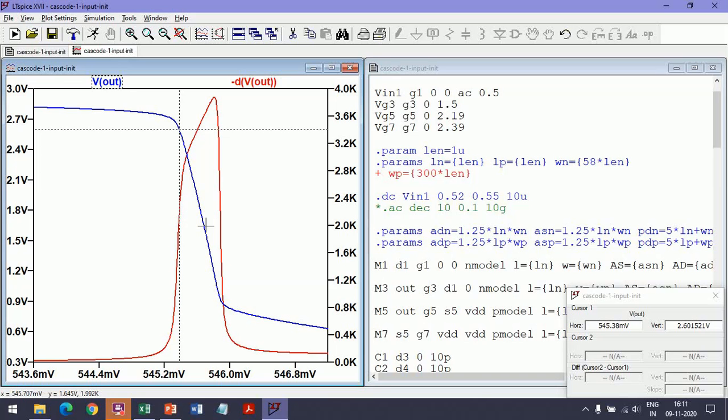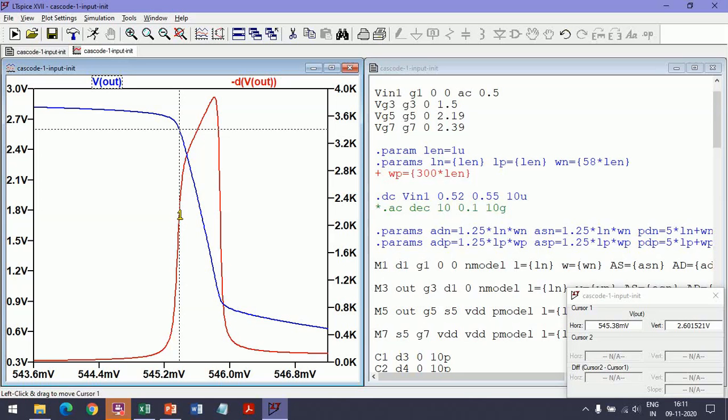And because the drain source voltage is the largest possible, the lambda is the smallest possible, and therefore the gain is the highest possible. Here when the output voltage is 2.6, the drain source voltage across each of the PMOS is only 0.2 volts, and because it is small, its lambdas are large, and therefore the gain is smaller.